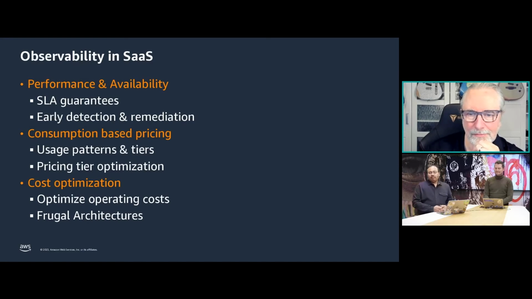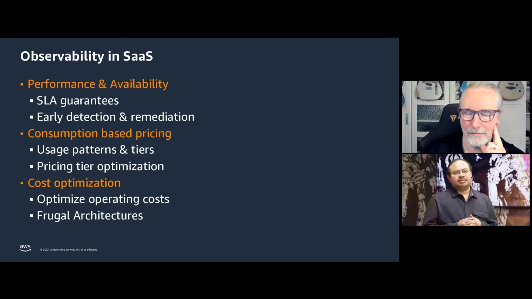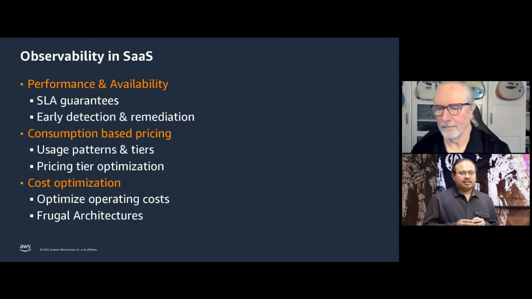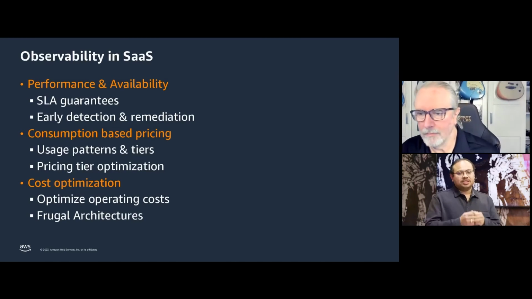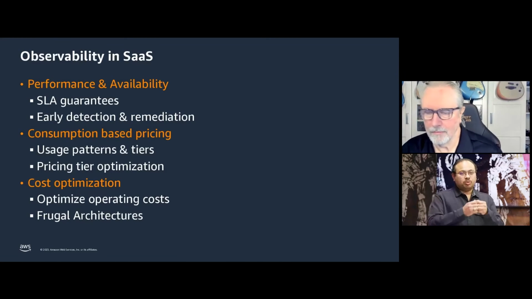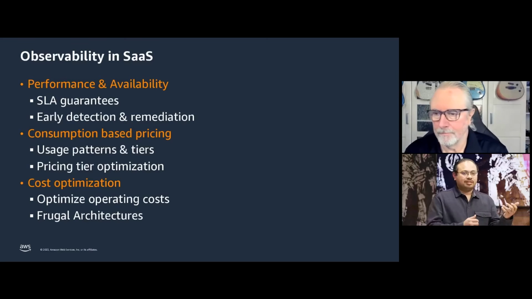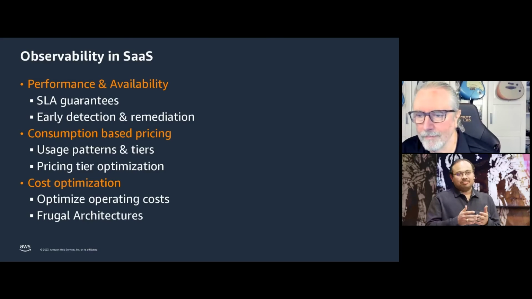Yeah, when I think about observability in SaaS applications, it's important to call out three key things here. From a business perspective, as a SaaS vendor, because you run and operate the application in a SaaS model, you provide SLA guarantees to your customers that, hey, the application will be up and running for 99.59% of the time, or whatever guarantees that you get.